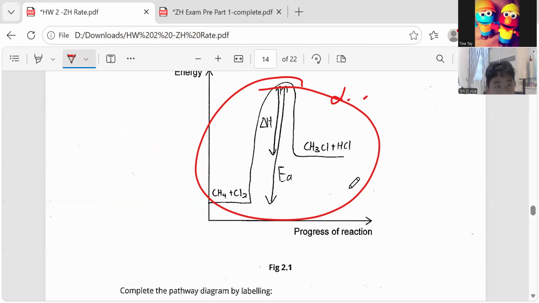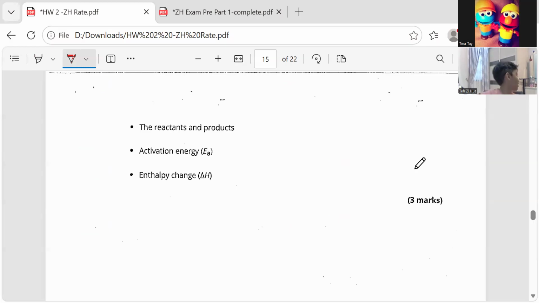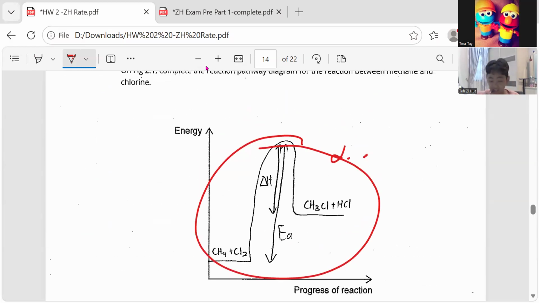Can you please draw on a piece of paper and send to me, because that is still wrong. Don't know what you're doing.